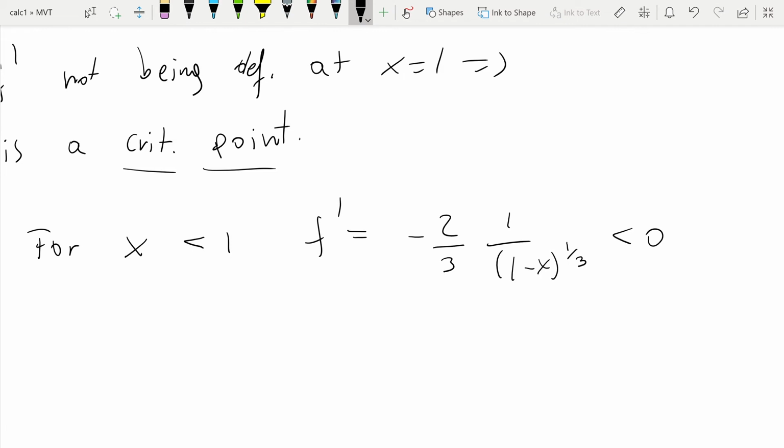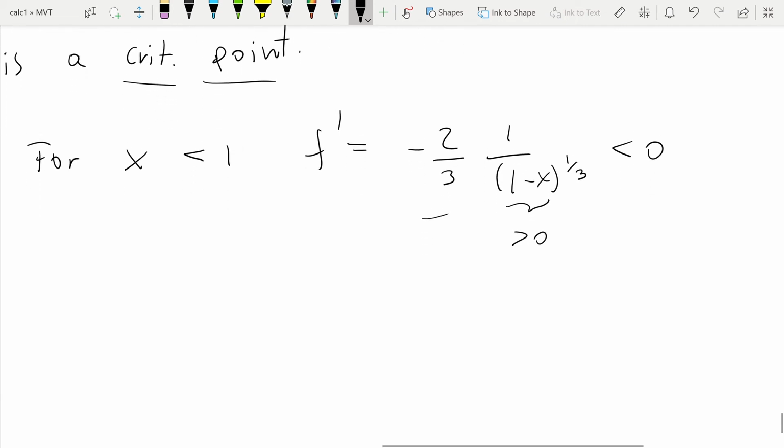Remember, if x is less than 1, this quantity here is positive, and if you raise it to the 1/3, it's going to be positive, and you're multiplying that by something negative, so it's going to be negative. For x greater than 1, f prime is still the same formula.